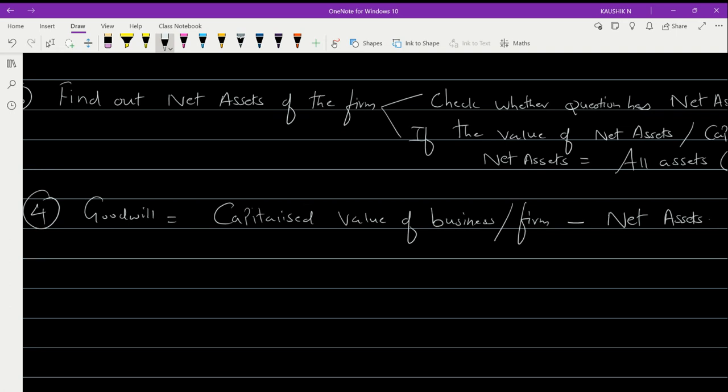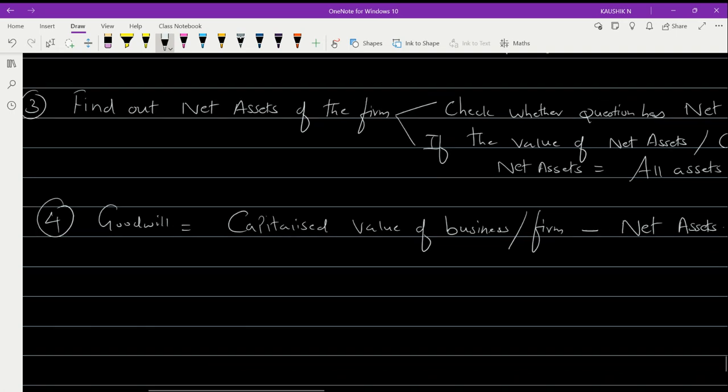So in the capitalization method of average profits, the goodwill is valued by subtracting the value of your net assets from the capitalized value of the business or the firm. Once you have done this, you are completed with the capitalization method of average profit.